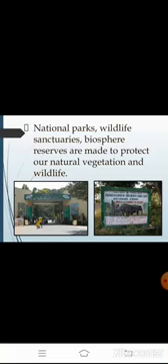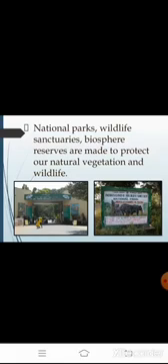Now let's understand the meaning of biosphere reserves. It's a series of protected areas linked through a global network intended to demonstrate the relationship between conservation and development. So these national parks, wildlife sanctuaries, biosphere reserves are made to protect our natural vegetation.